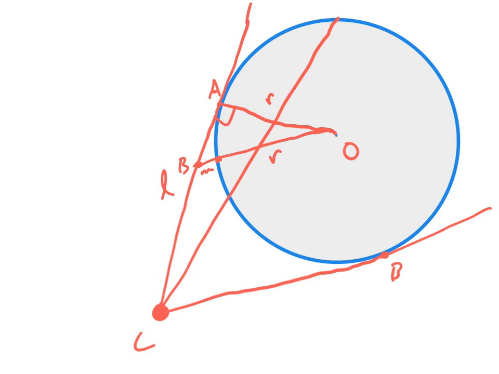We can do that same thing for every point along L, but we'll see quickly that OA, where A is the tangent point of line L to circle O, will always be the shortest.